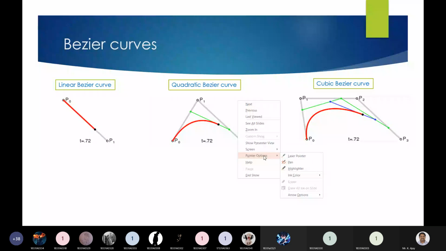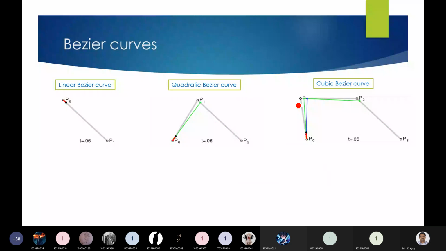Look at here, P0 P1 is a straight line, and P2 P3 is another straight line, and the curve is tangent to the first segment P0 P1 and similarly it is also tangent at the last segment P2 P3. So that is another characteristic of the Bezier curve. Not only does it pass through the first and end point, but it also maintains the tangency.